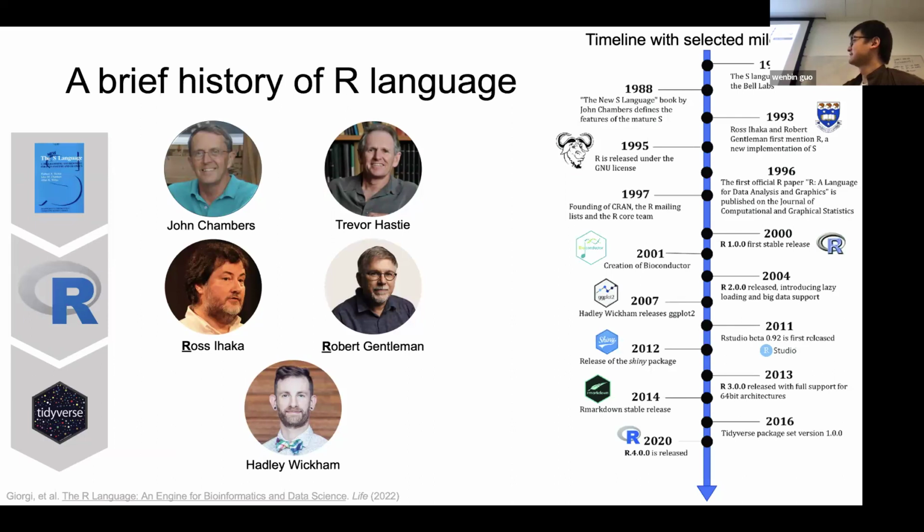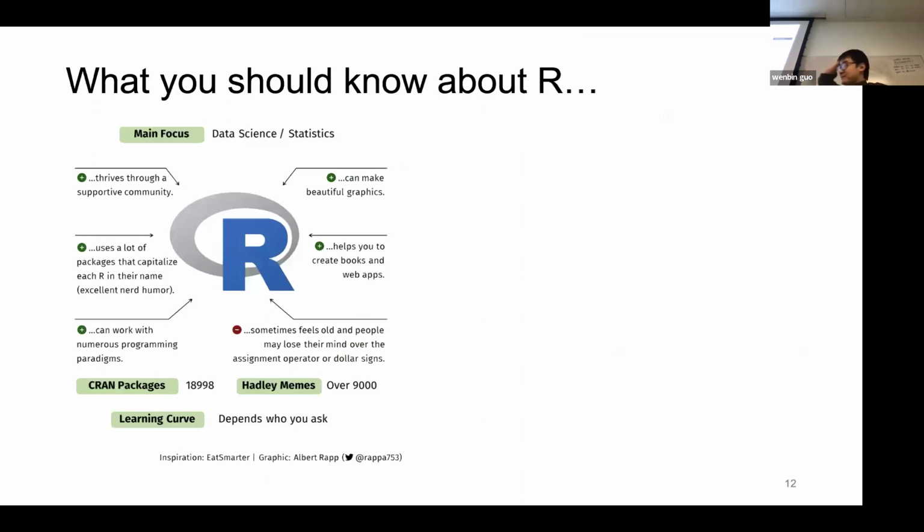All right. So this is a brief history: how it came about, who invented it, and what the current stage of R is. Basically, what you should know about R is that this language's main focus is data science and statistics, and it has a very supportive community, and they have a lot of packages over there.